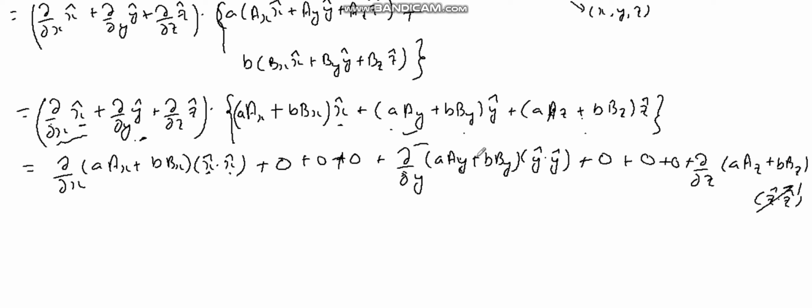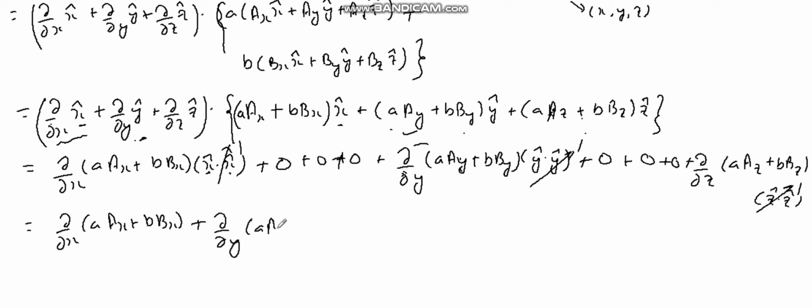So this is 1, this is 1 and this is 1. So we have del by del x of a times Ax plus b times Bx, plus del by del y of a times Ay plus b times By, plus del by del z of a times Az plus b times Bz.